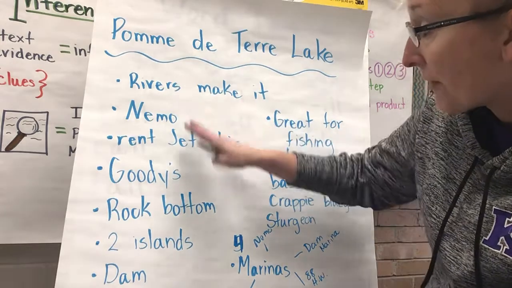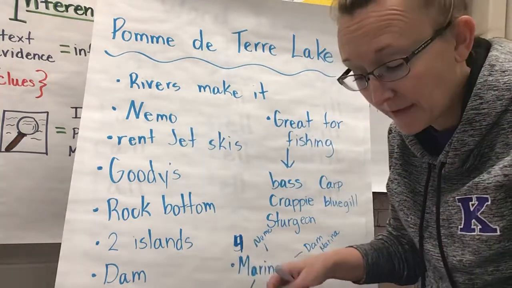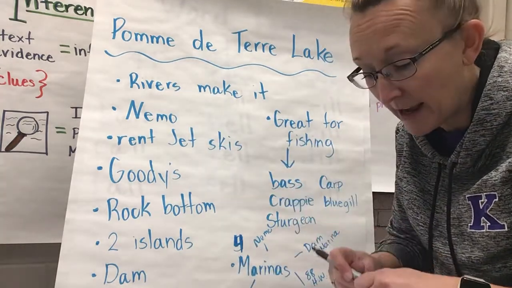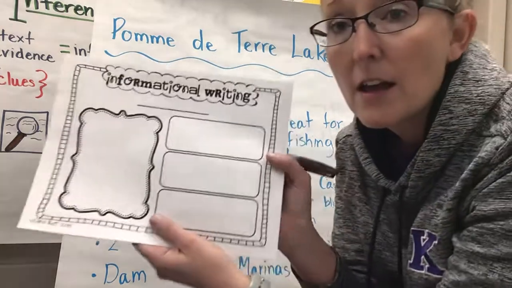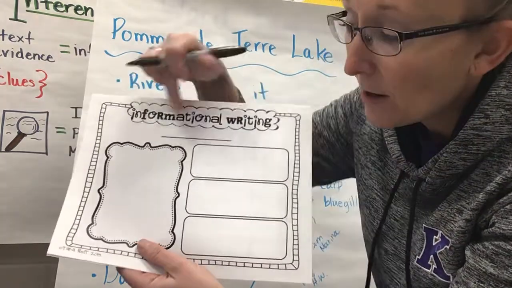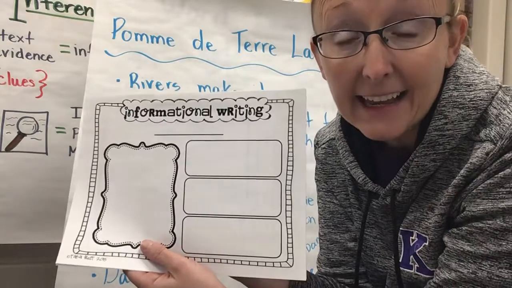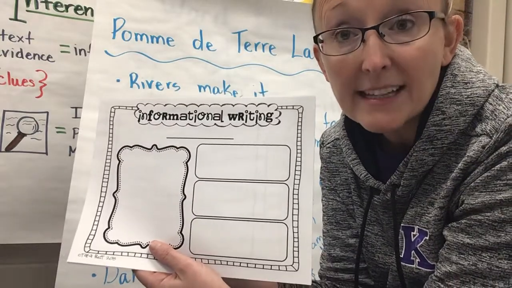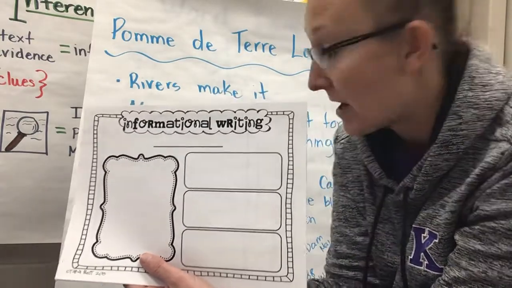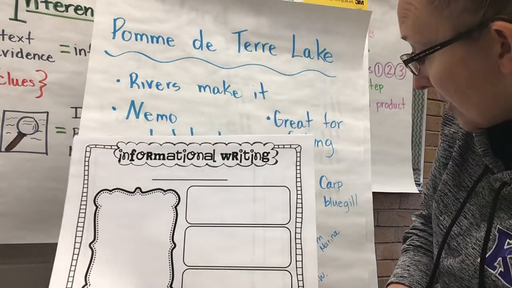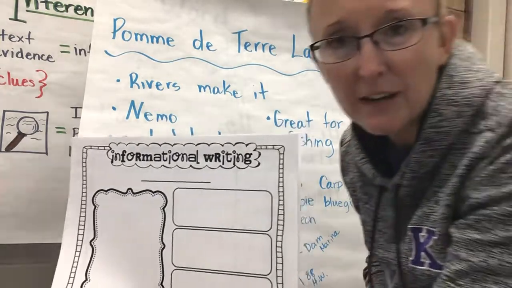So I'm going to just pick a few other facts to write here in my fact page. So right here up at the top, I'm going to write a heading. So what facts am I going to be talking about? And I think it might be good to talk about the marinas.